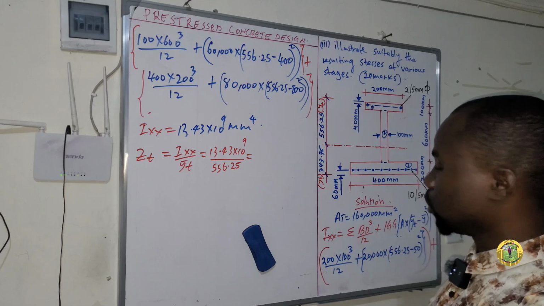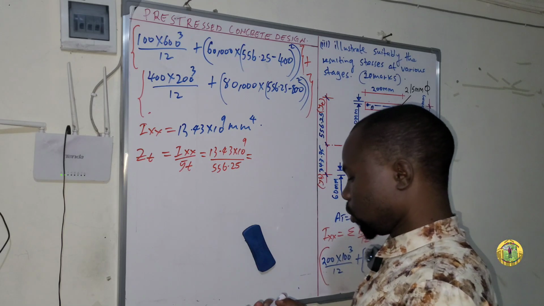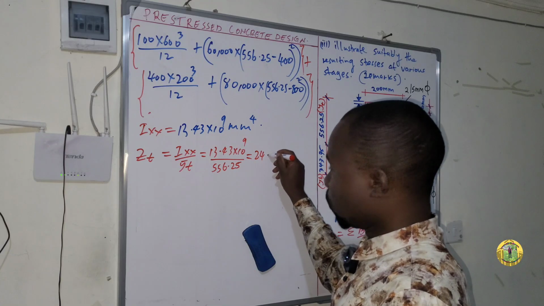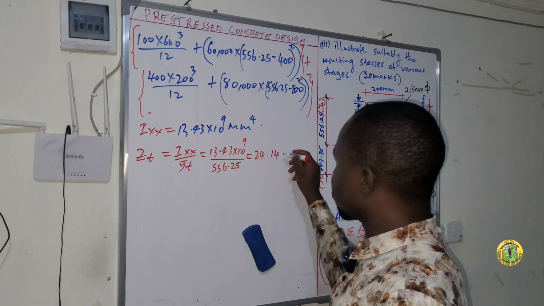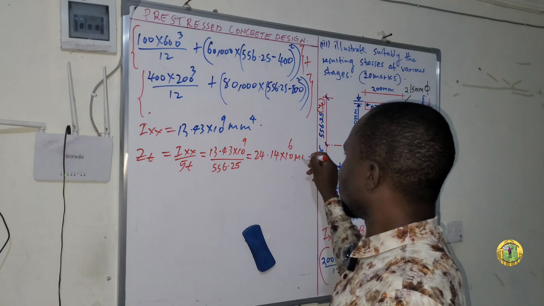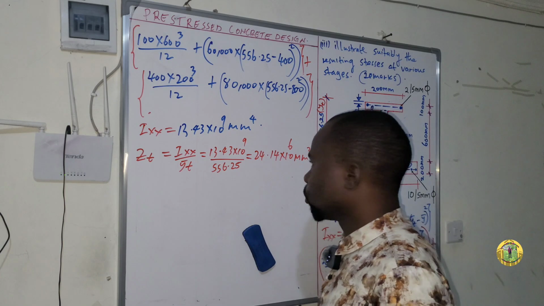So this one is equal to 24.14 times 10 to the power of 6 millimeter cube.